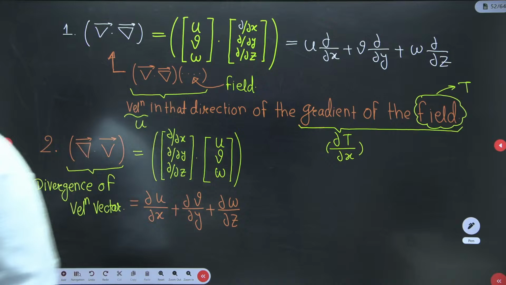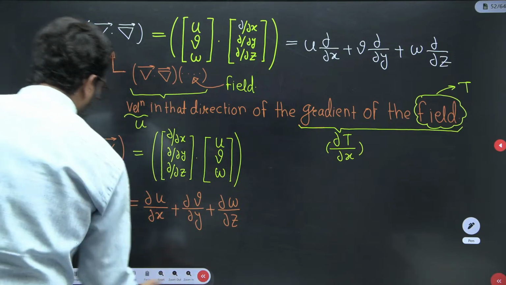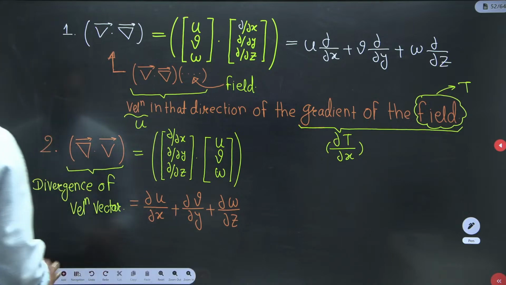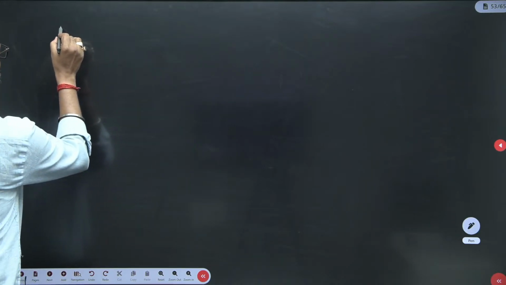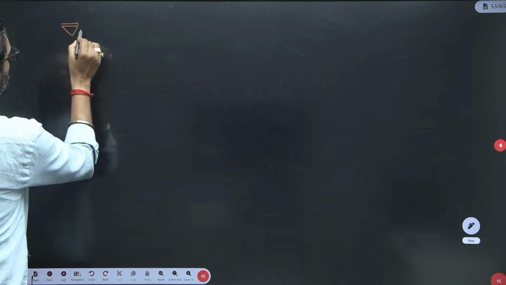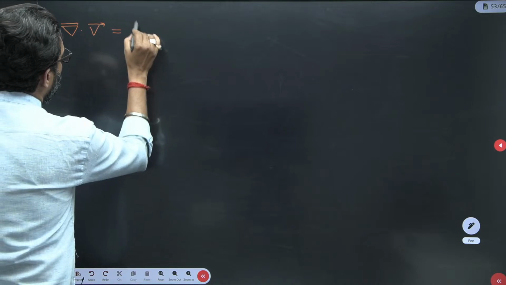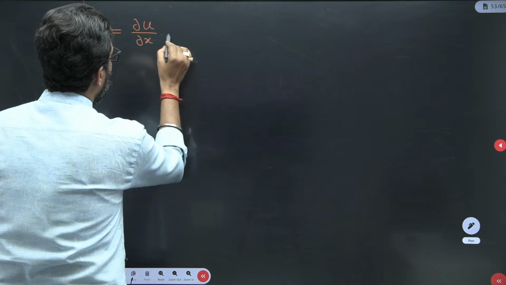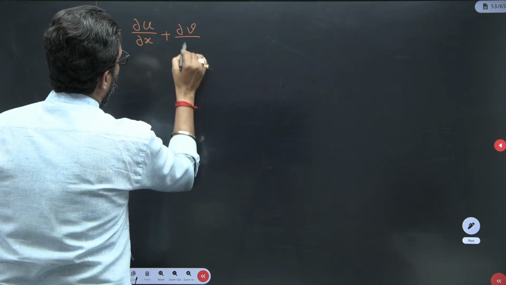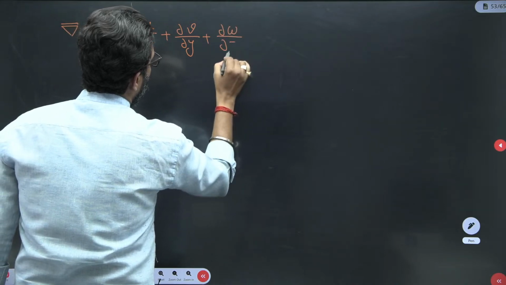So this is your divergence of velocity field. That means del dot v is equal to dou u by dou x plus dou v by dou y plus dou omega by dou z.